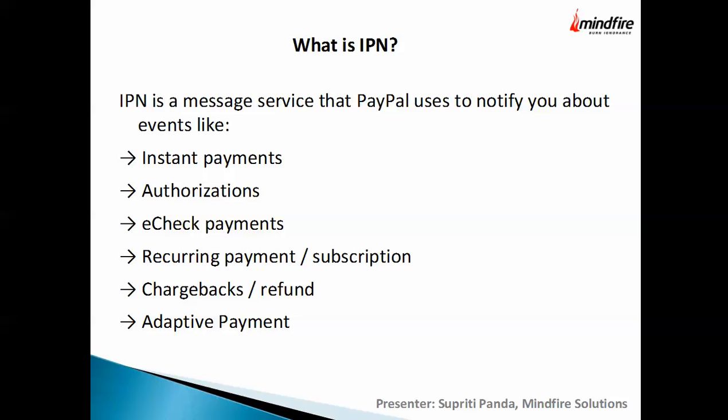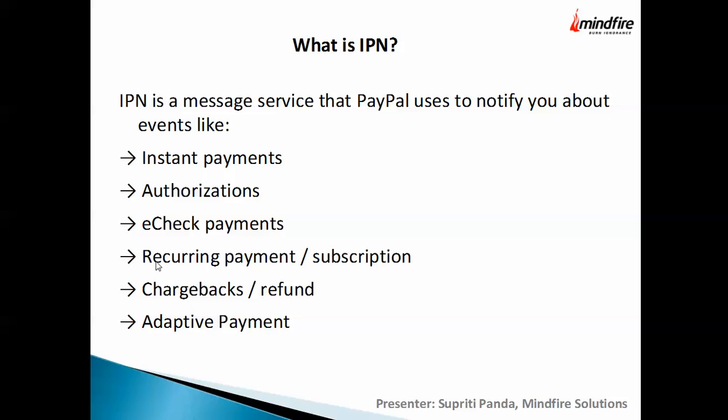You will not go to PayPal and keep checking. Whenever it happens, PayPal will automatically send a notification to your server saying the check has been processed or completed, or cancelled or denied for some reason. That is where notification works.